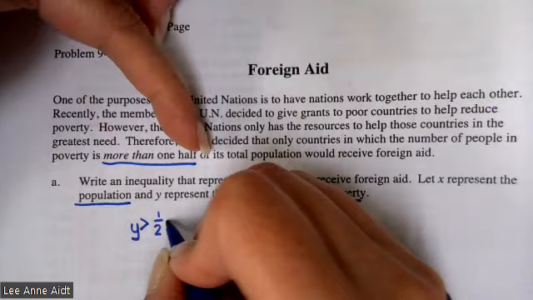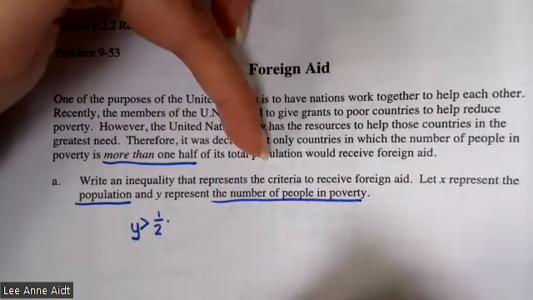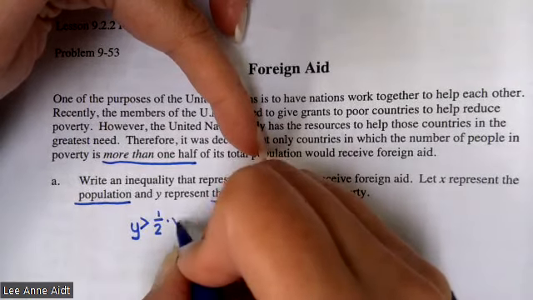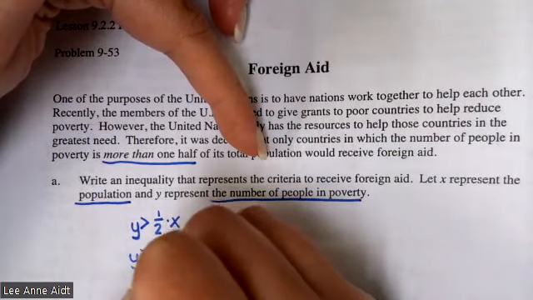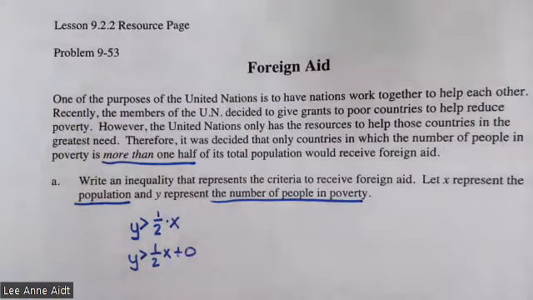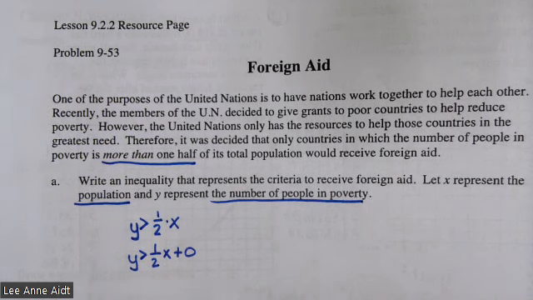Of is times its total population, X. So Y is greater than 1/2 X plus 0. Okay, do you need the plus 0 on there? Not really. Why did I put it? Yeah, exactly. So you could see where the start was.